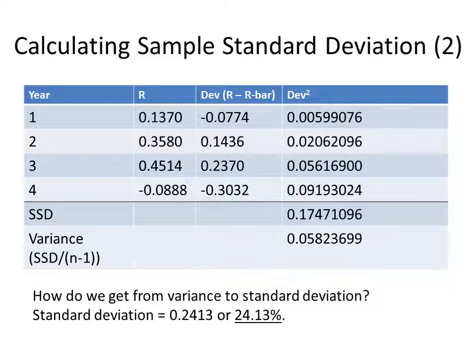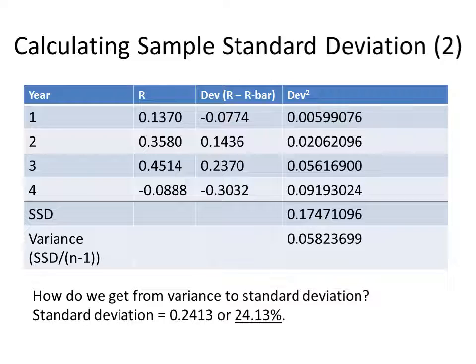So it wouldn't be helpful for us to find out an average deviation because it would be 0. We need to somehow get rid of the differences between negative and positive because they all represent departures from the mean. How do I make a negative number positive? Well, one way I can do that is to square it. And so that's what we're doing over in the next column over, and that's deviation squared.